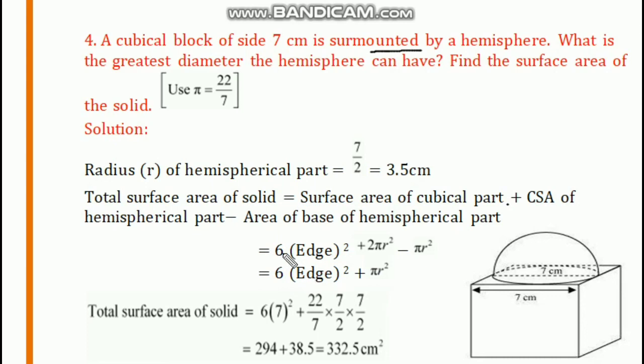We know the formula for surface area of cube: 6 h square, plus curved surface area 2 pi r square, minus area of base. Base is a circle, so pi r square. So 2 pi r square minus pi r square is pi r square. Thereafter substitute the values. We know edge 7 centimeter and 22 by 7, radius 7 by 2 into 7 by 2. If you simplify it, finally we get 332.5 centimeter square. So the total surface area of the solid is 332.5 centimeters square.